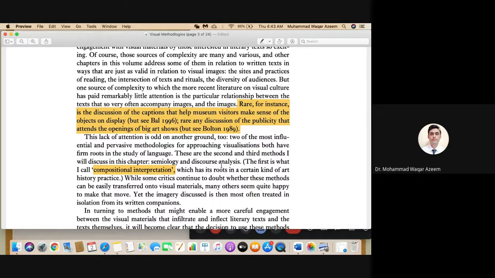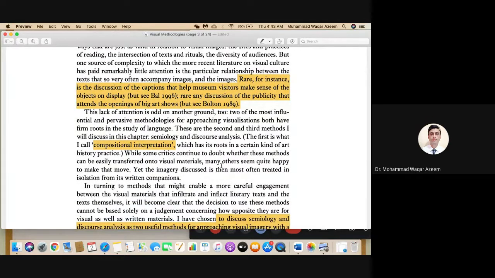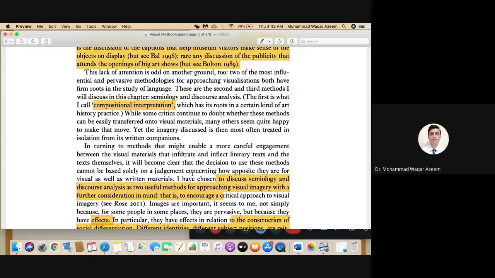However, Gillian Rose over here is proposing a new approach which should be able to take into account both the text and the visual, right? So the expression she uses for that is compositional interpretation, right?